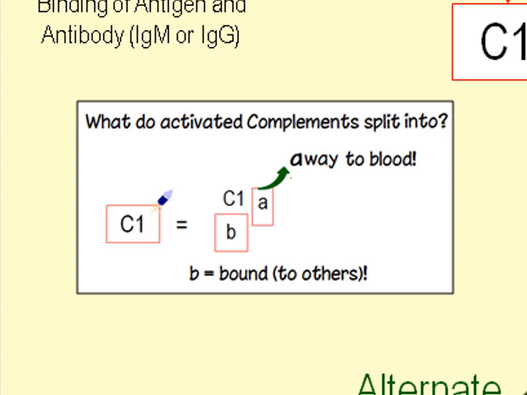The fragment A, which is smaller, remember A for away, goes into the blood and plays other roles. For instance, it acts like a cytokine to attract other cells into the site of action, or may cause anaphylaxis reactions, things of that nature. But the major part of these activated complements, after they break into A and B counterparts, is the component B, which is bigger and stays attached to the bacteria or to the site of action. It doesn't go away.